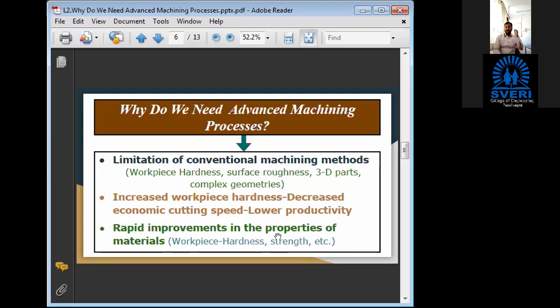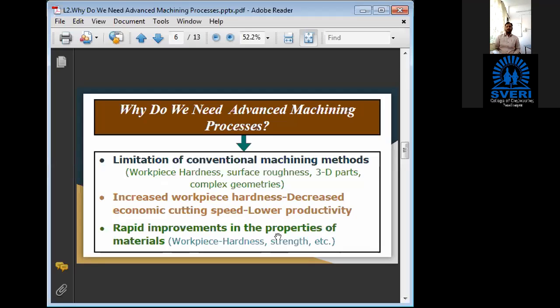Again, what are the products? I will give one example. There are various components, just like the turbine blade, which are 3D in nature, because we know that if you cut the turbine blade, then you will get the shape of an aerofoil. These turbine blades are used in a machine or any system.